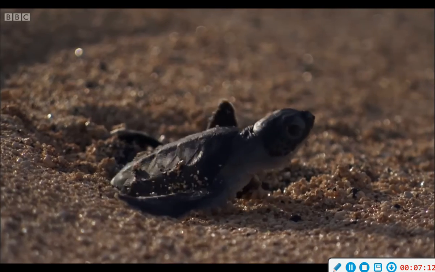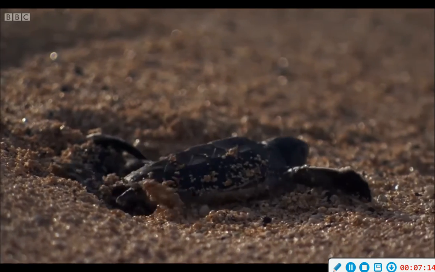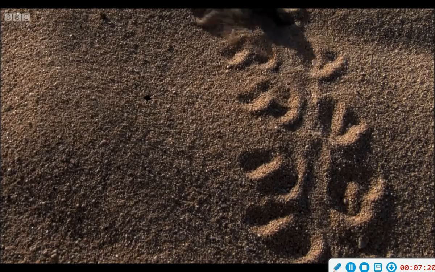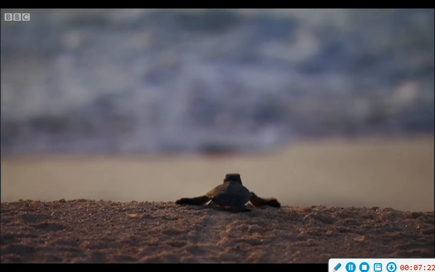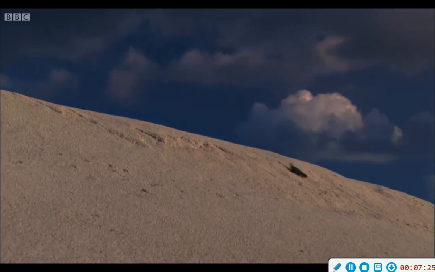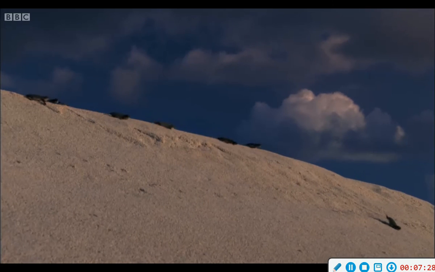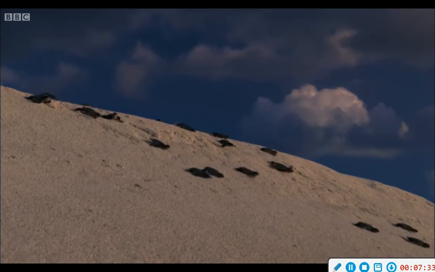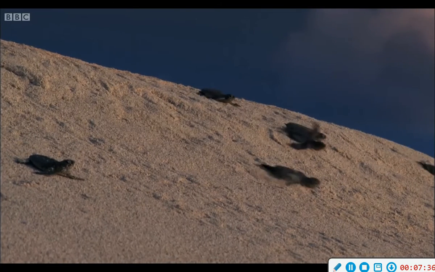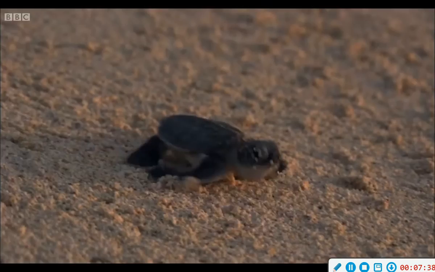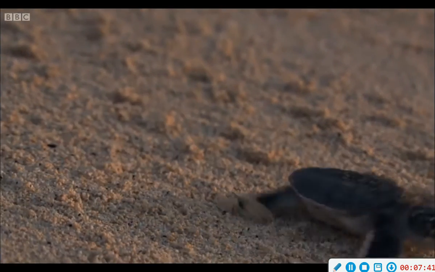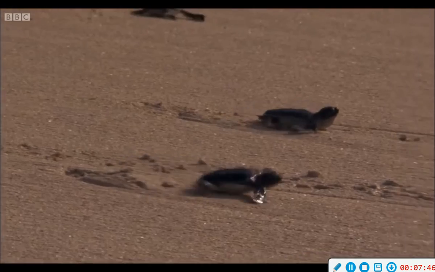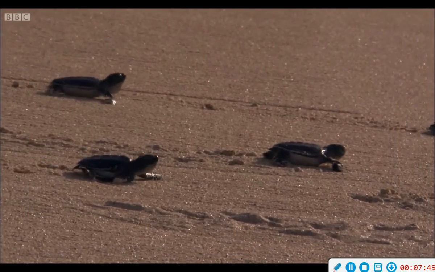Eggs that were laid a few weeks ago at the start of the season are beginning to hatch. Most hatchings happen at night. Now, in the light of day, the young are extremely vulnerable. They must get to the sea as soon as possible. But their trials have only just begun.